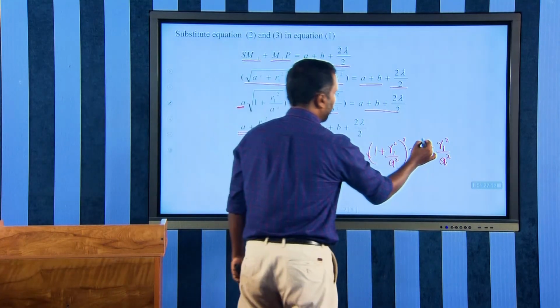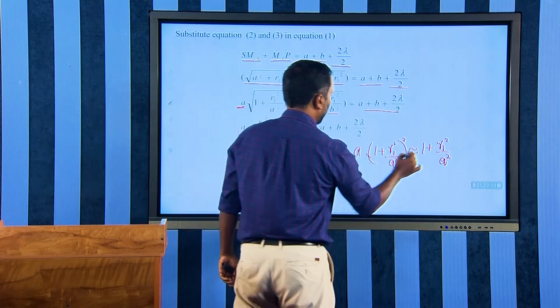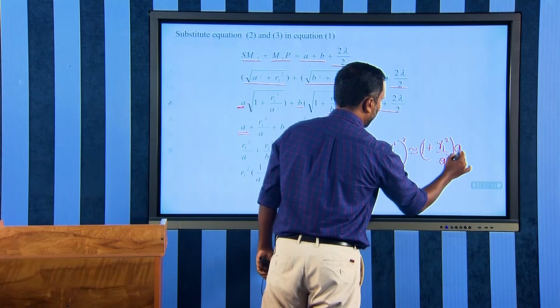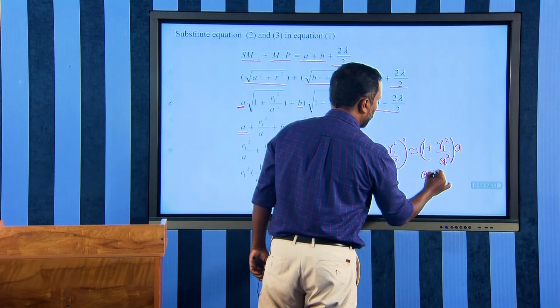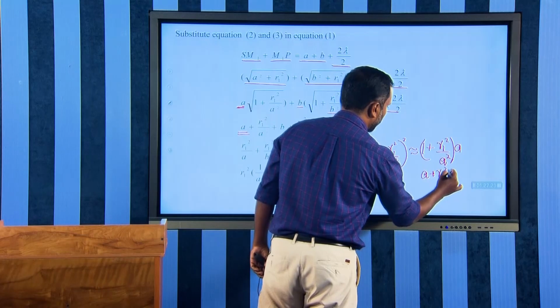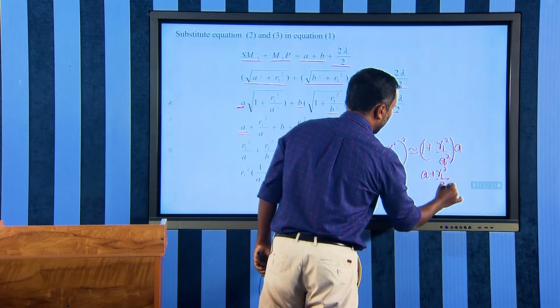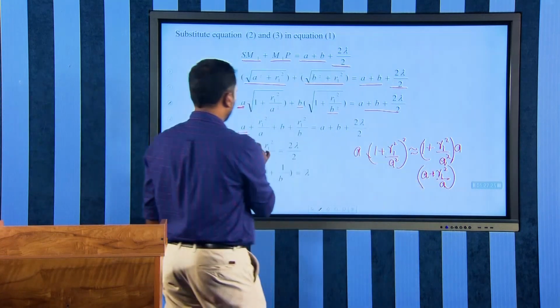Now, I am multiplying it with a, here also with a, then I will have a plus r1 square divided by a. So, this is the term I wrote here.